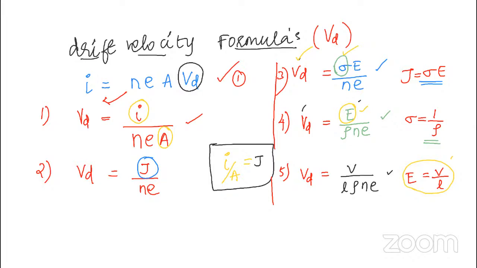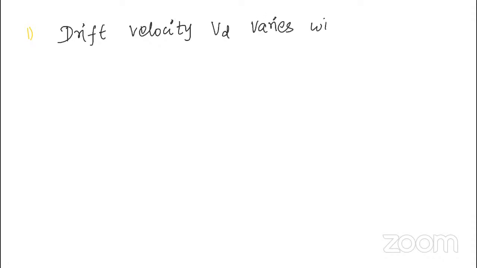Now we can go for one simple example. Drift velocity Vd varies with the intensity of the electric field.